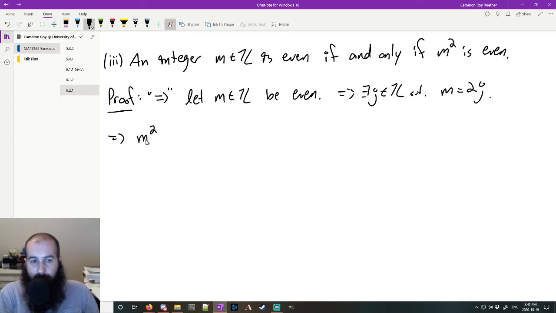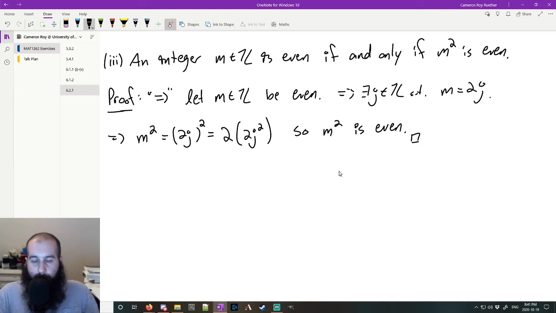So m squared then is equal to 2 times j, squared, which we can write as 2 times 2j squared, since this is just 4j squared, which is what you get if you multiply this out. Importantly though, this is 2 times an integer, so m squared is even. So we get our forward direction.